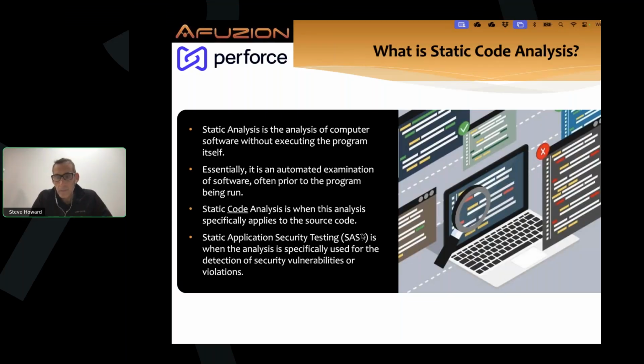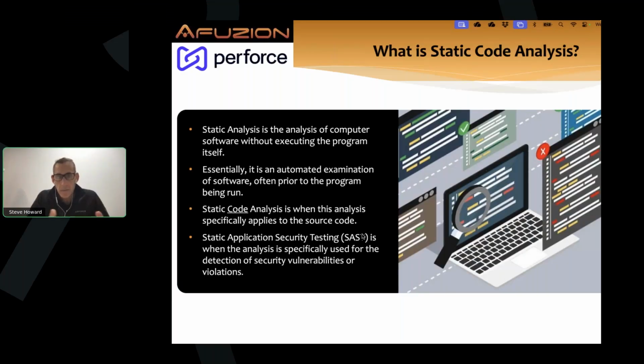We're going to talk mainly about those latter two today. Essentially, this automated examination of the software can be run prior to the program actually being run itself. We can determine some of the information from the code very quickly and early in the cycle, before we have something that even compiles potentially, and certainly before something can link.